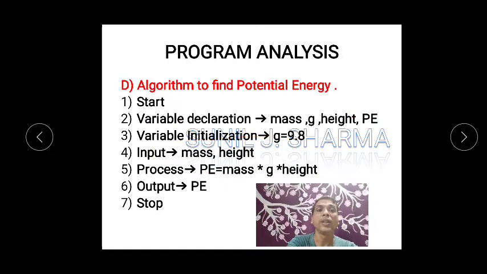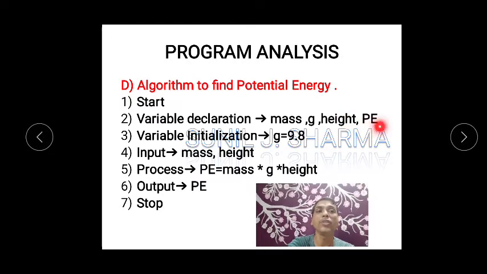Now here also we are having an algorithm for finding potential energy. Everyone knows the formula mgh: mass into height and the gravitational constant. That is start, variable declaration. So I've used some real world examples like mass, g, height. P stands for potential energy.